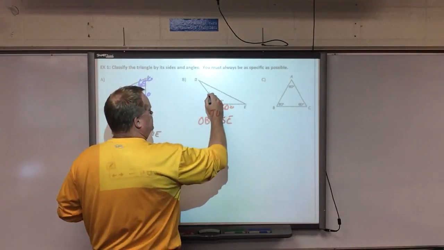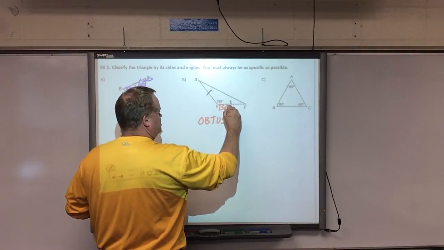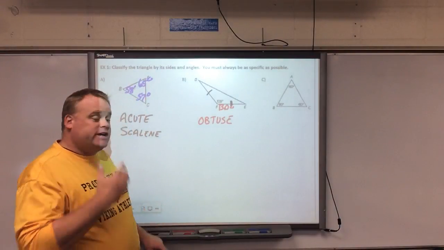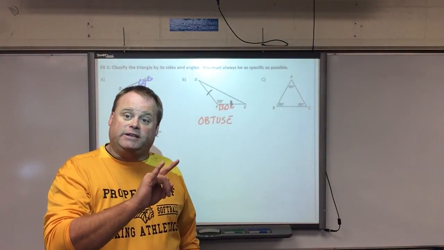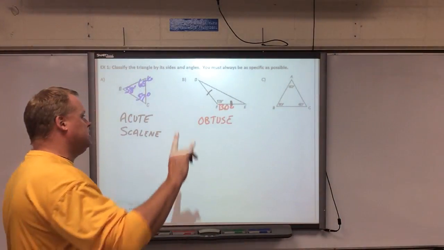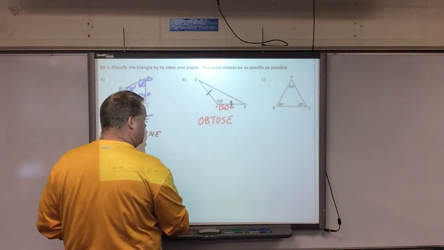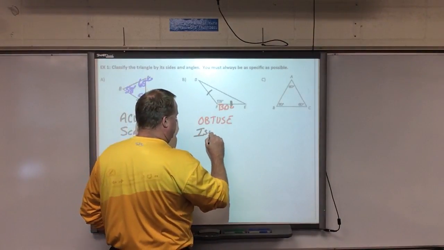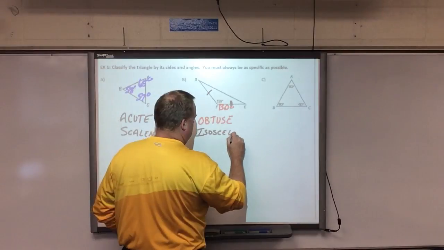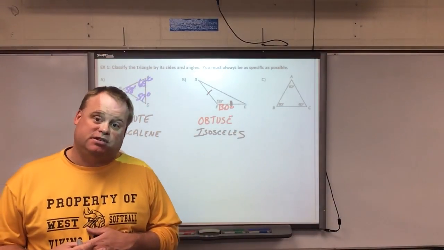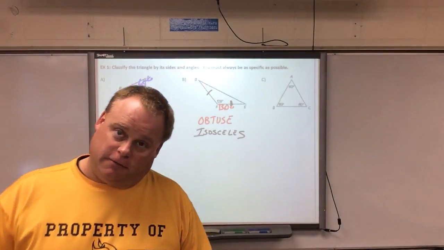There's also tick marks, two tick marks, one right there and one right there. Those tick marks tell me that the two sides are the same and they are congruent. So if I have two sides that are congruent, then this is an obtuse isosceles triangle. So this is an obtuse isosceles triangle.